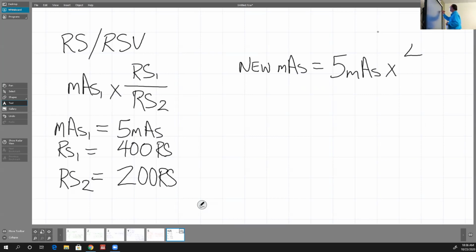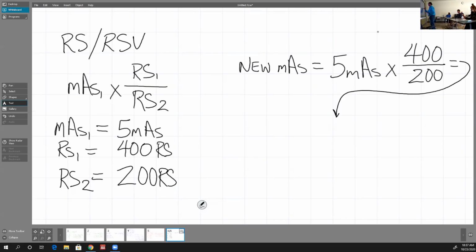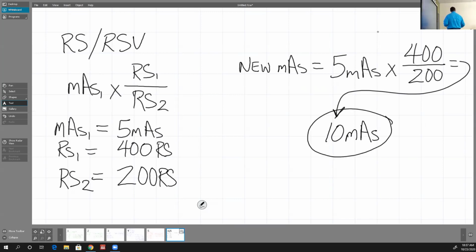I'm going to set this up this way here: old over new. And we're going to end up with 5 times 4 is 20, divided by 2 is 10 mAs. Right there like that. Is that what everybody got?